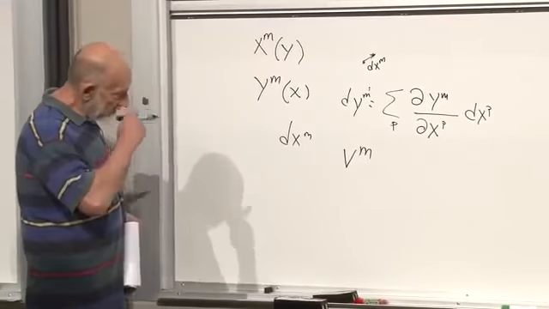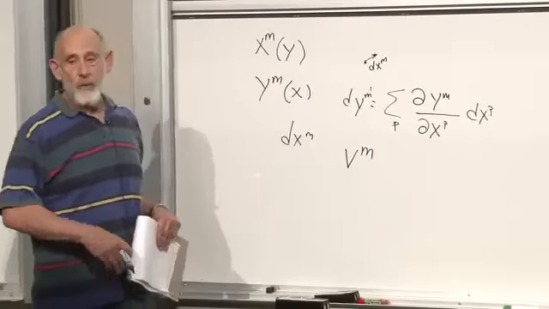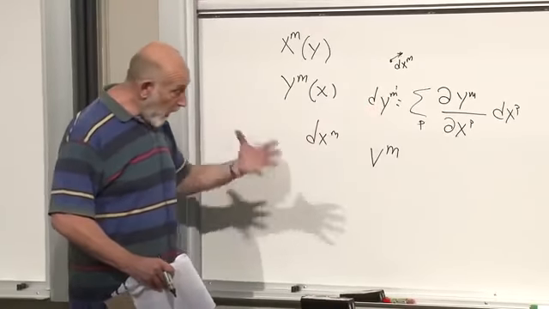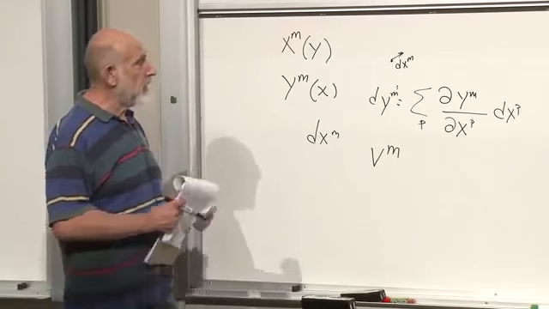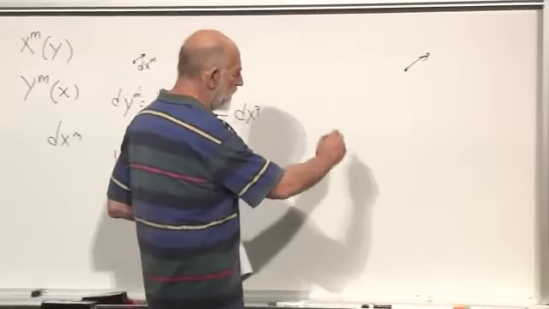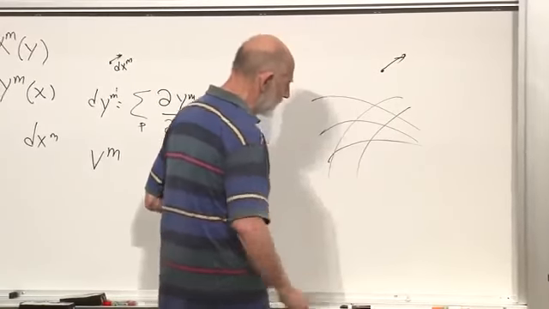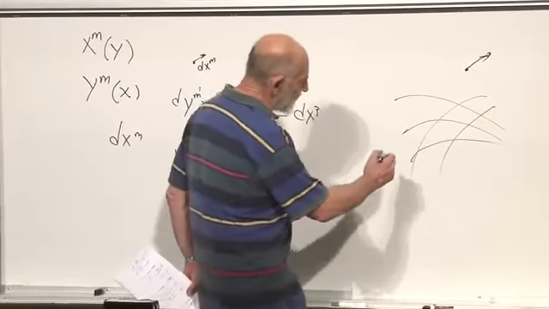which in the primed frame, when I speak about the primed frame, I'm speaking about the y coordinates. Let's go back for a second. What are we talking about here? We have two sets of coordinates. Let's just draw one set of coordinates, and we have a little vector someplace.